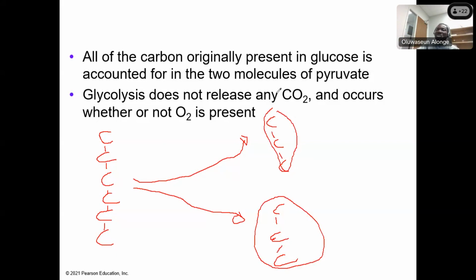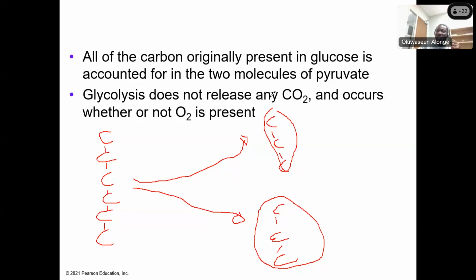In the course of splitting it, we needed 2 ATP to split it, but now we produce 4 ATP at the end. So 2 ATP is a profit. Then we also made 2 electrons. We kept electrons in 2 molecules of NADH. Now we have NADH that is a potential energy, but it's not energy.